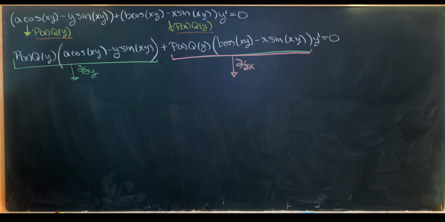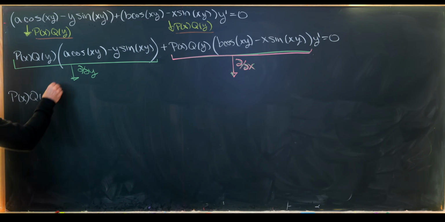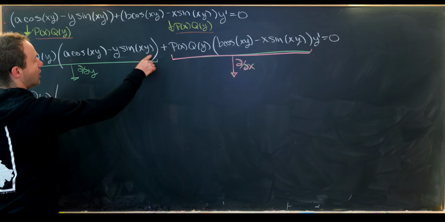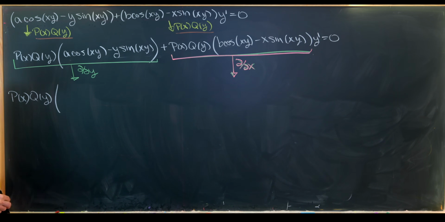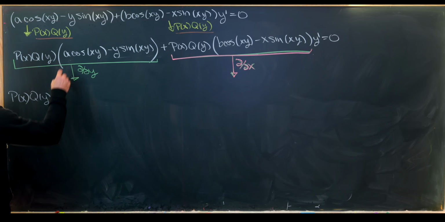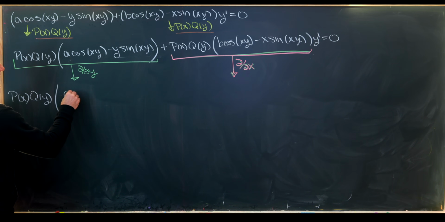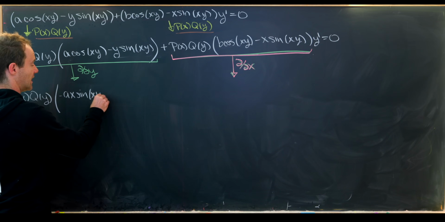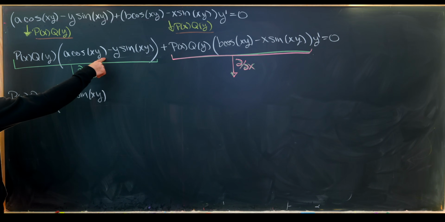Okay, so let's do this partial with respect to y first. I'll have to use the product rule here a couple of times. So I'll have p of x q of y times the partial of all of this with respect to y. That's going to give me, let's see, negative a times x times sine of xy from taking the derivative of this term.